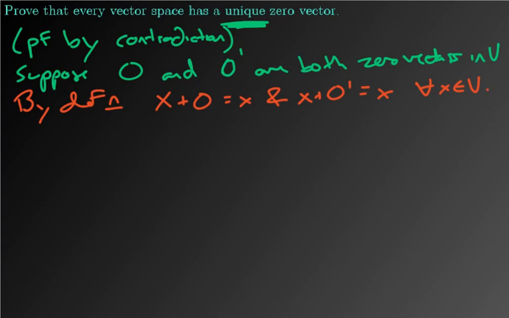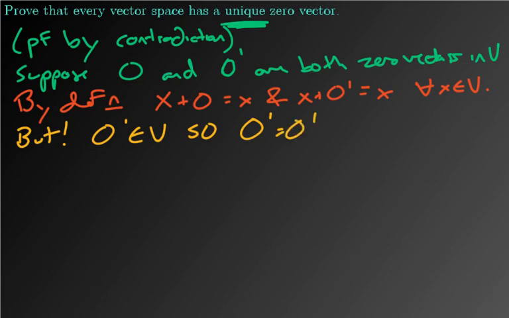Okay. But 0 prime is part of V, so I should be able to do 0 prime equals 0 prime plus 0. And then from that, I do have a property with vector spaces that this operation of addition, however you define it, is commutative.